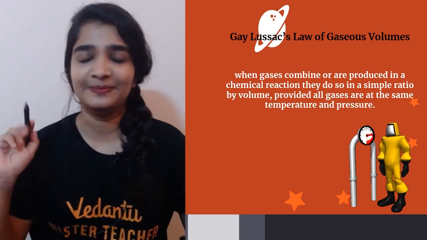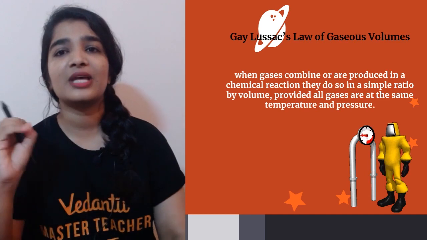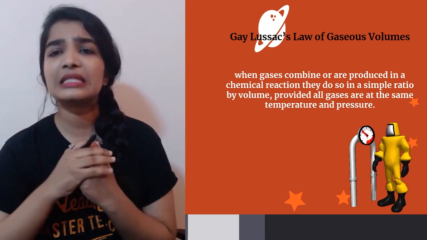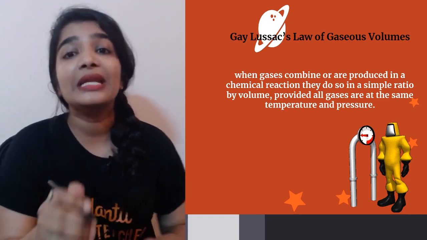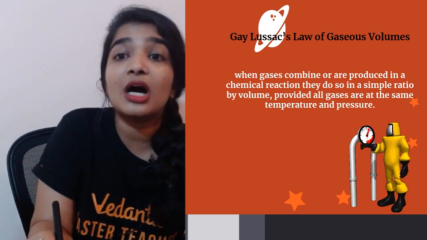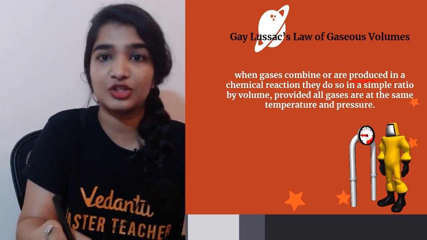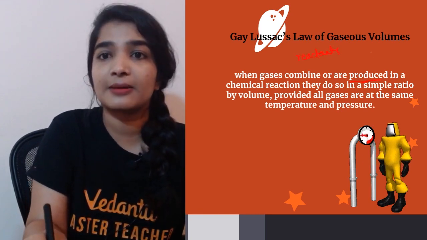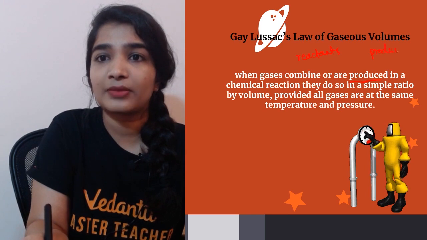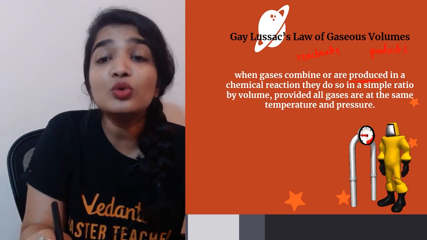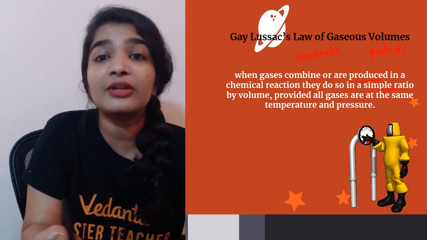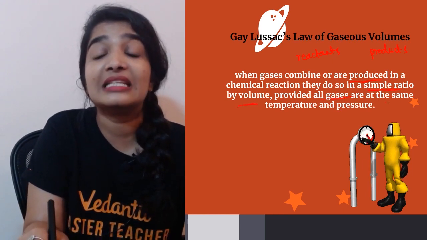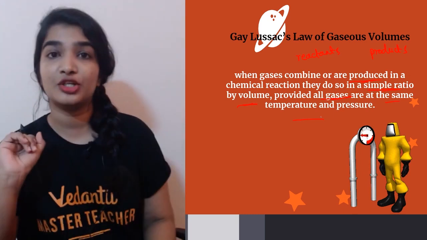Very good. Now is Gay-Lussac's law of gaseous volumes. What this law states is, when gases combine or are produced in a chemical reaction, so that means it can be reactants or products, they do so in a simple ratio by volume, provided all gases are at the same temperature and pressure.